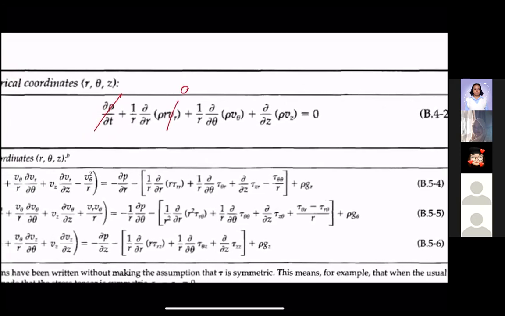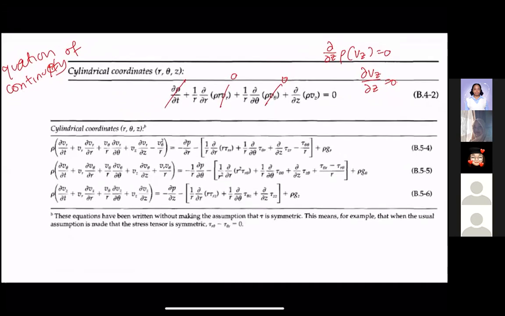And this also has a v theta, so that is also equal to 0. So it leaves just dou over dou z of rho v z equal to 0, so that means dou v z over dou z equal to 0. So this is the proof that dou v z over dou z is equal to 0.